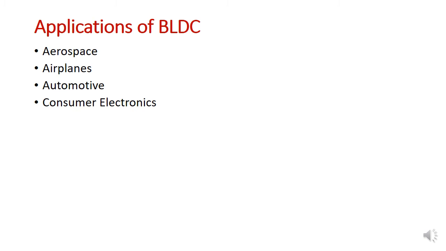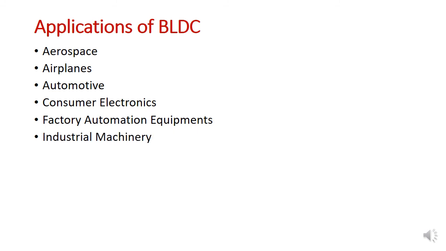And then consumer electronics like washing machines and others, where we are using the BLDC motor. Factory automation equipment: in factory automation equipment, it is used as actuators, for example, door opening systems or whatever it may be. So it is very much used in factory automation systems. And industrial machinery.